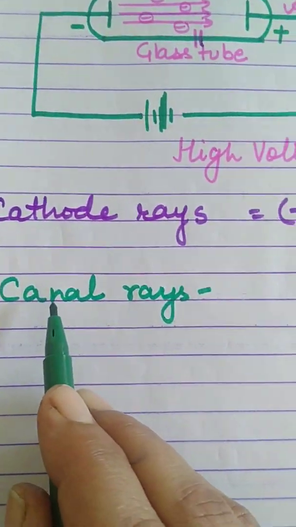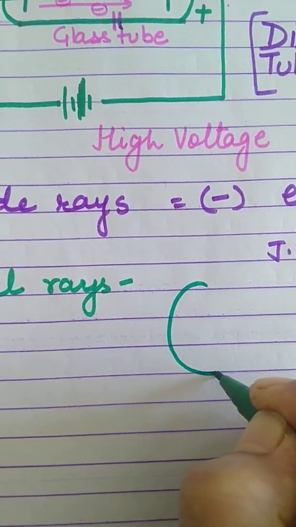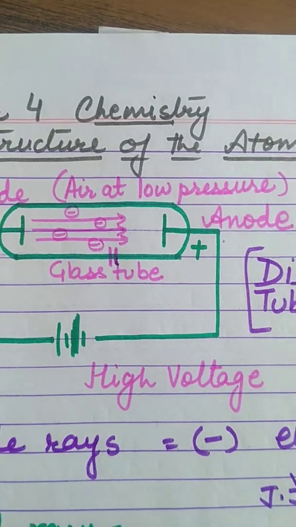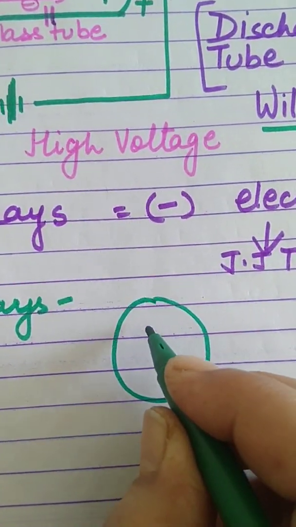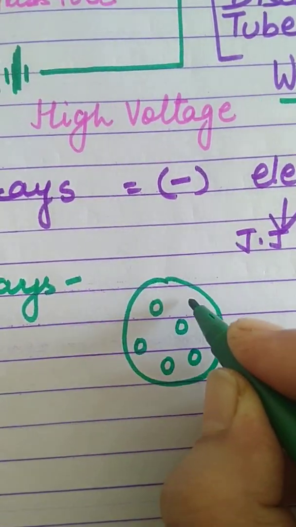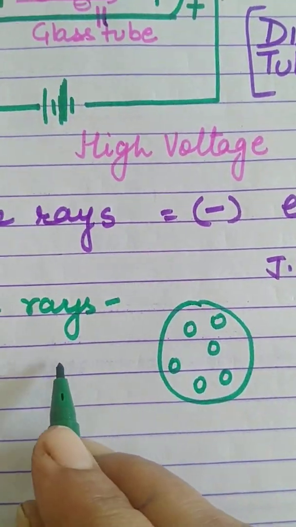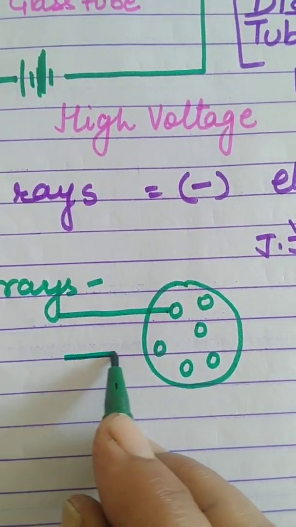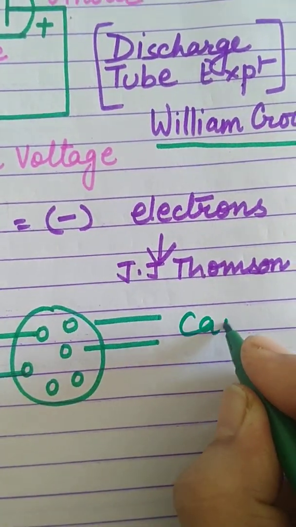Those rays were known as canal rays because in this they used a perforated metal sheet with holes. So when the rays passed, they appeared like a canal.